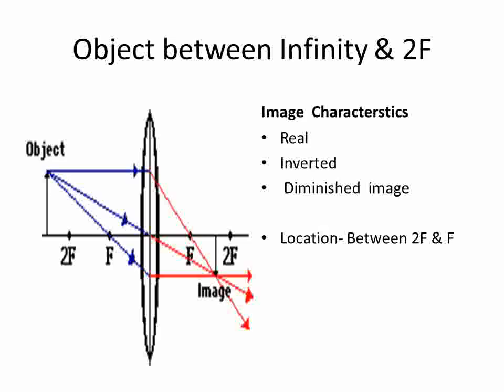Diminished means smaller size in comparison to object size. And the fourth one is location. Location of the image is between f and 2f, that is, between the principal focus f and 2f.